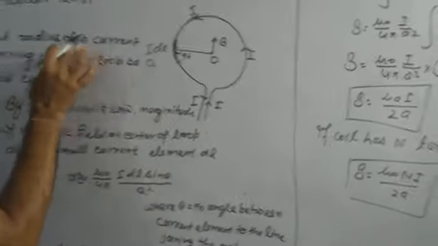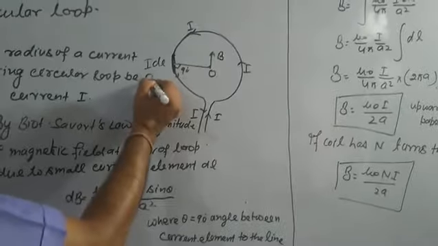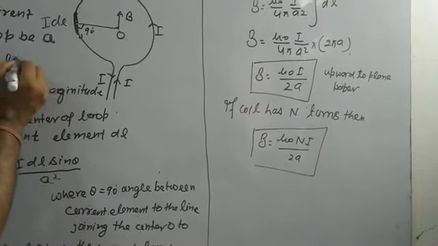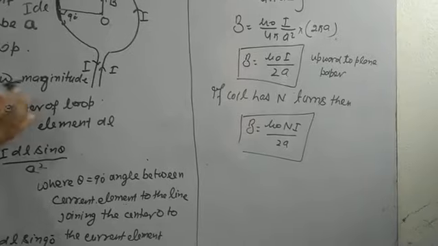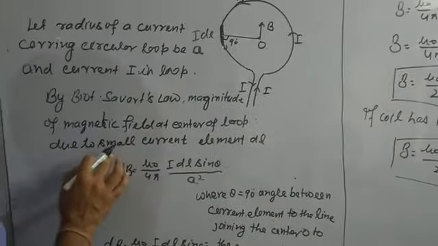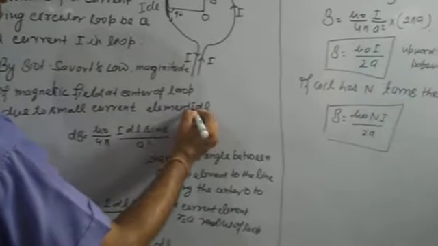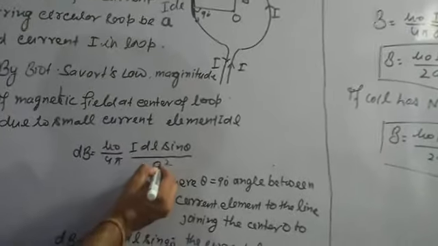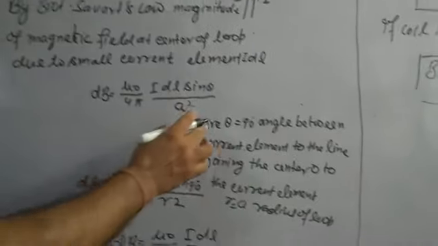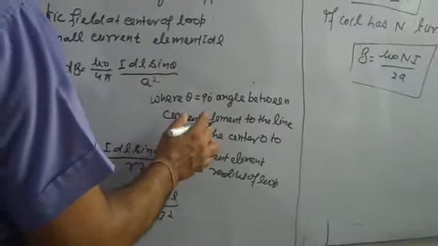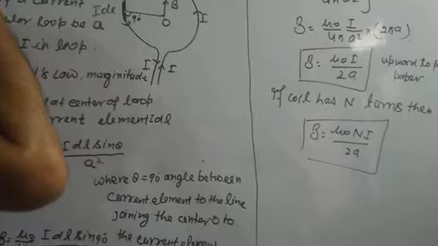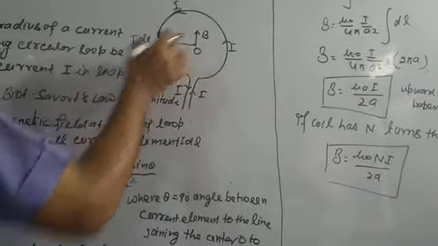Let the radius of the current carrying circular loop be a, and the current in the loop I. By Biot-Savart law, the magnitude of the magnetic field at the center of the loop due to the small current element dl is dB equals mu naught upon 4 pi I dl sin theta upon a square, where a is the radius of the circular loop, and theta is the angle between the direction of the current element and the line joining the center O to the current element, that is, this line.